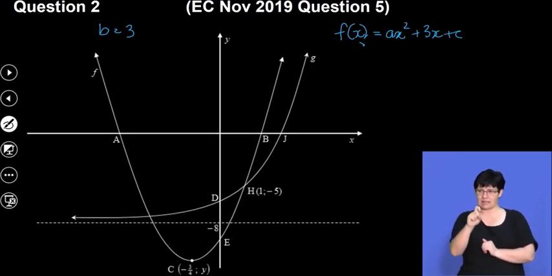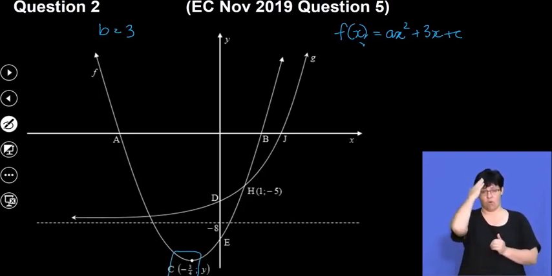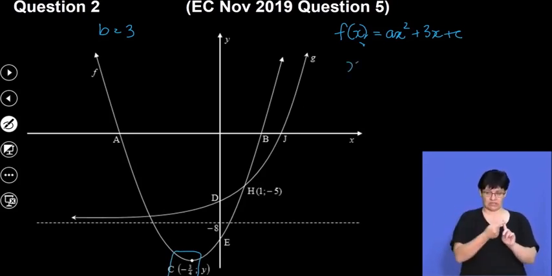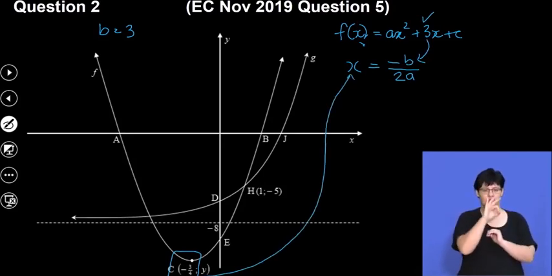So I'm getting there. All right, I can now use the next thing that I know, which is the x-coordinate of the turning point, and that is always the x coordinate is equal to minus b over 2a, and I know that b is equal to 3 now, so I can sub that into there, and of course I can sub the minus 3/4 into there, and I can use that to solve for a.